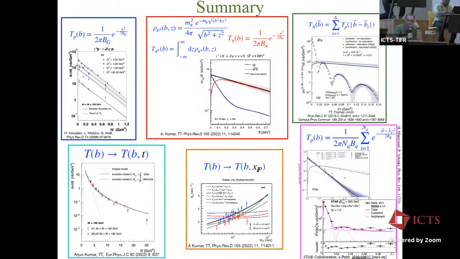No, it doesn't. It just tells us that at different X, the longitudinal gluons are distributed differently in transverse. It doesn't really violate. So you don't need to model at the same time the X dependence and B dependence at once. We always keep this thickness function normalized.